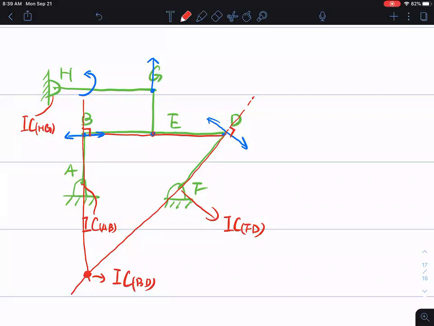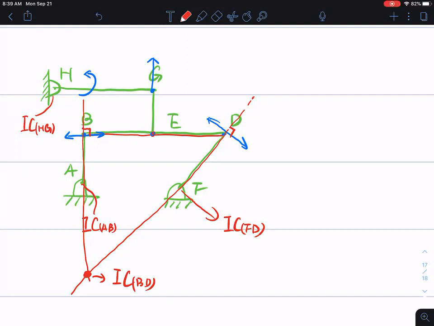Yes, we can. Think about what we did here. The connection line between the instant center and this point is perpendicular to the motion of point B, right?